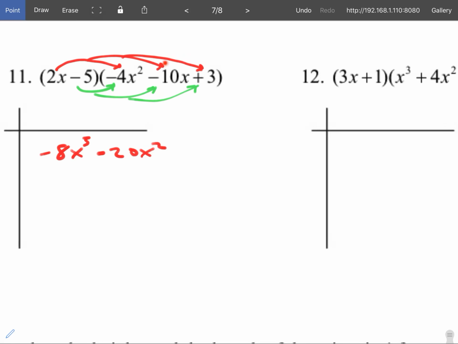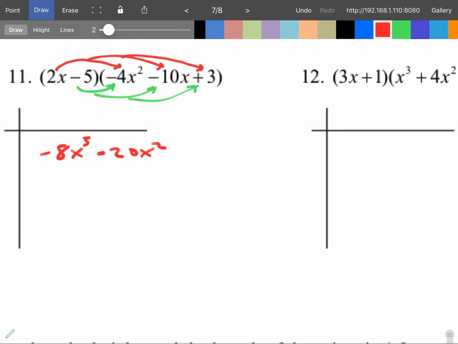Now notice I did a positive times a negative, right? Well, that gives me a negative. So that subtraction symbol right there, that implies that that 20 is negative. All right, and then we got to do the positive 2x times the positive 3. So that's a positive 6x.